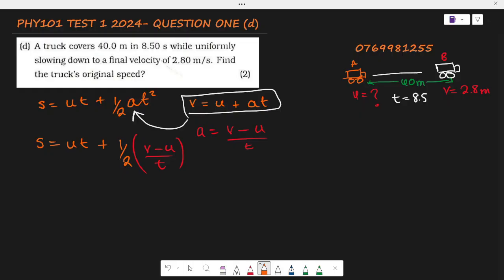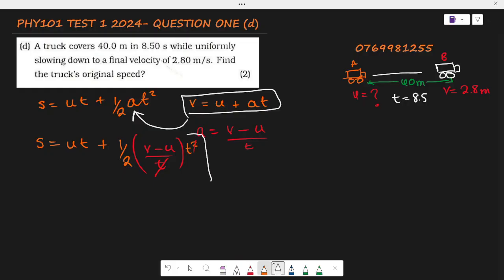Actually forgot a squared here. There's supposed to be a t squared. All right. So once we do that, we'll notice that this t can cancel with one of the t's here since there are two, and we just remain with one t.